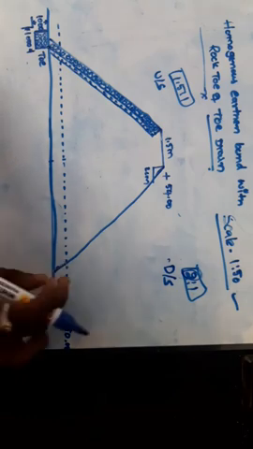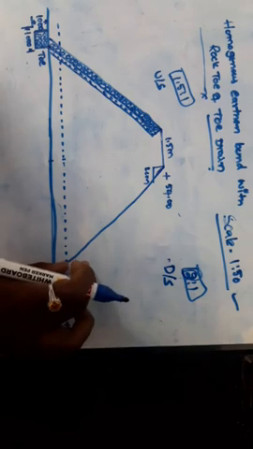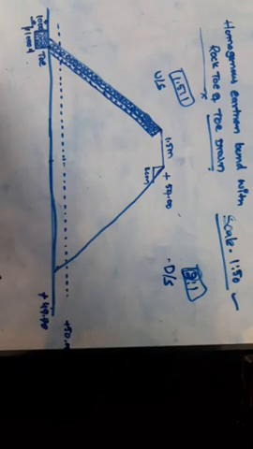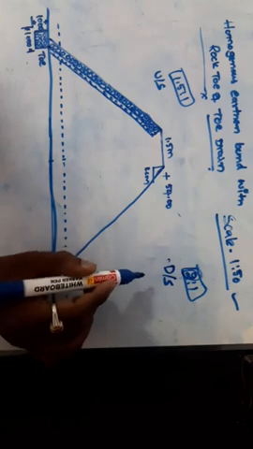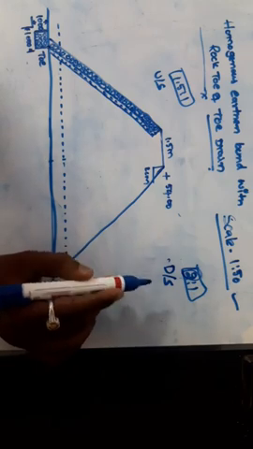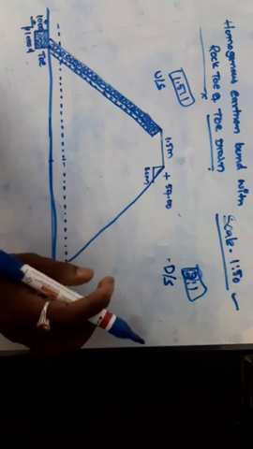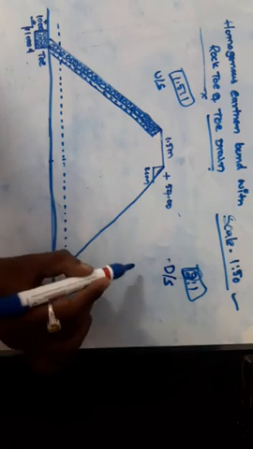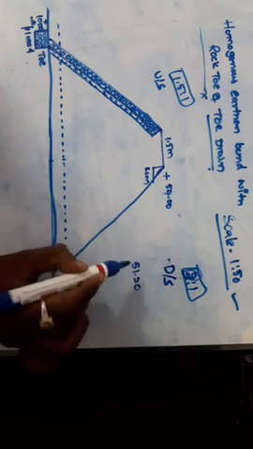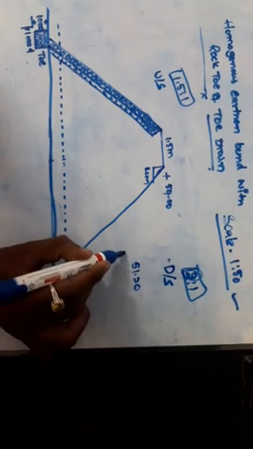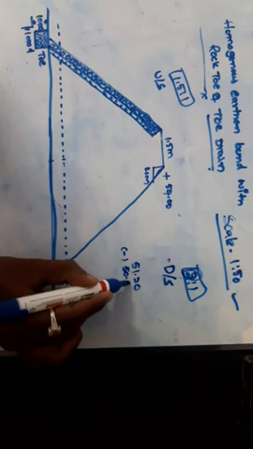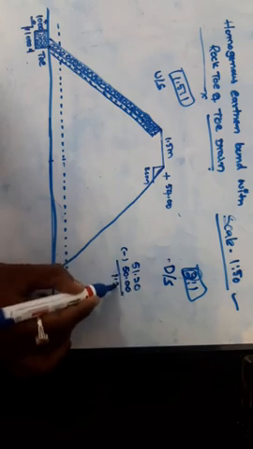Next, vertical height from general ground level to 1.20 height. The top level of rock toe on downstream side is 51.20, minus general ground level 50.00, that is 1.20.